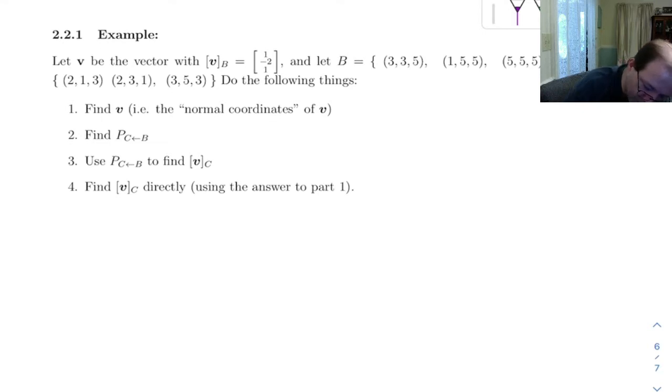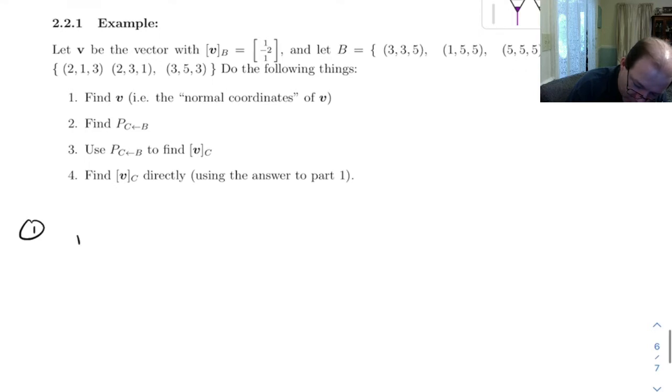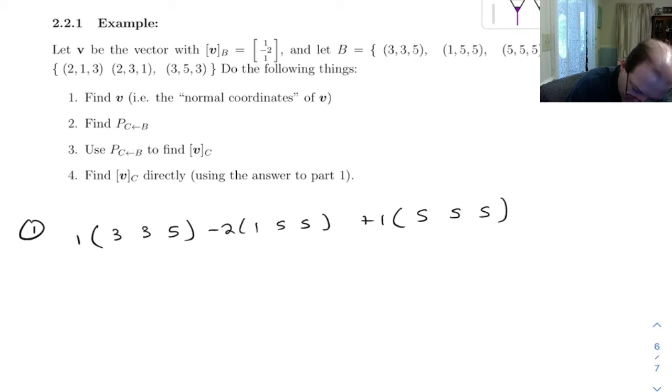So for part 1, it's going to be 1 times (3, 3, 5). I'm going to be lazy and not write my commas. Minus 2 times (1, 5, 5). Plus 1 times (5, 5, 5). I think we can do this in one step. That's going to be 3 plus 5 minus 2. Should be 6.